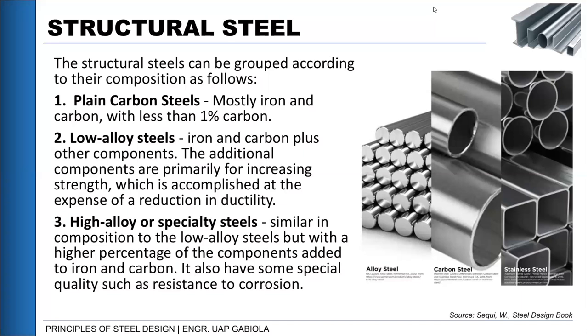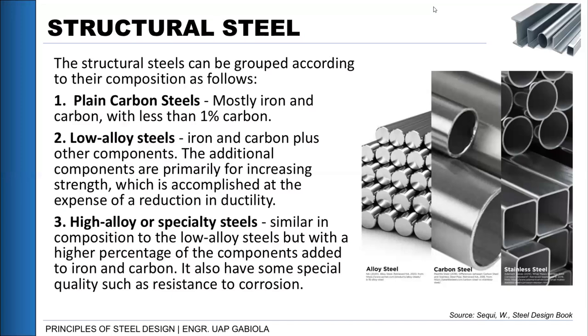Then we have low alloy steels. This is iron and carbon plus other components. So there are cases that we still need to increase the strength of the structural steel, but to not damage yung ductility performance ng material natin, we tend to mix yung steel natin with other element that is pwede dun sa material natin.